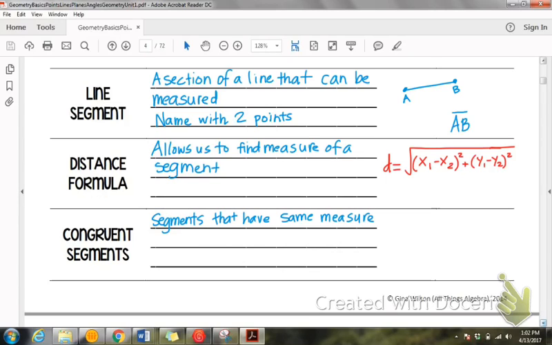Okay, to mark things to be congruent, we mark with hash marks. Remember that yesterday?